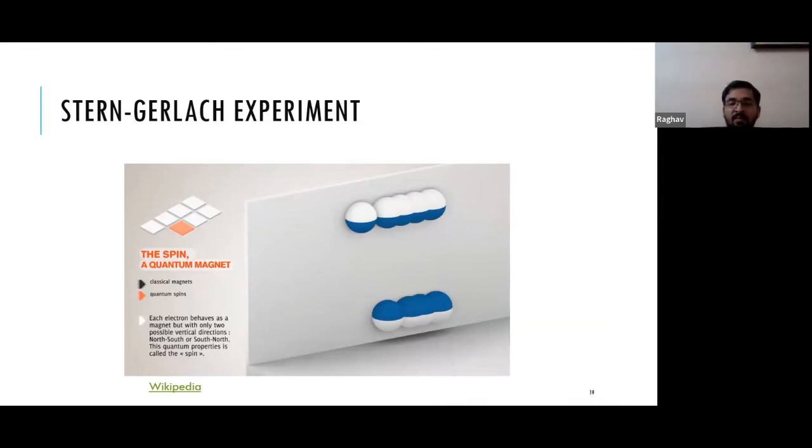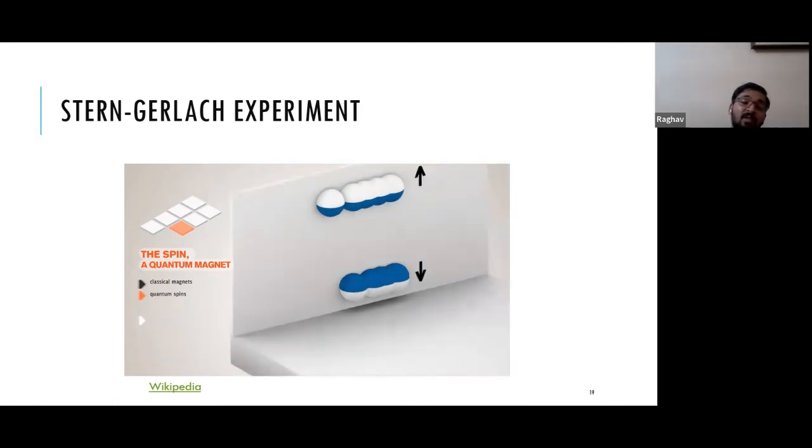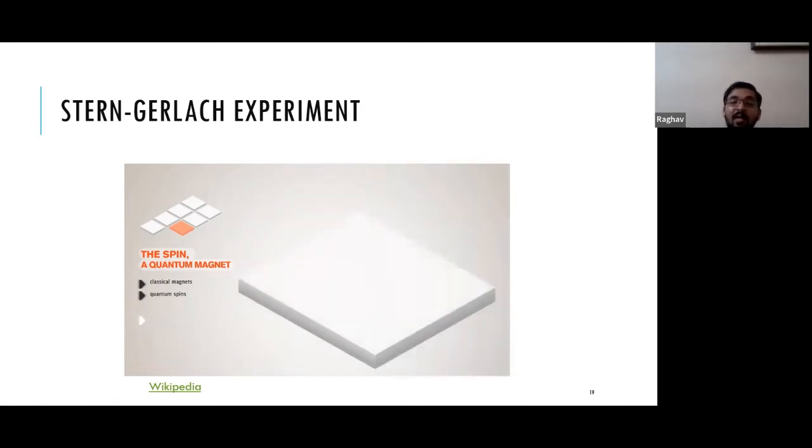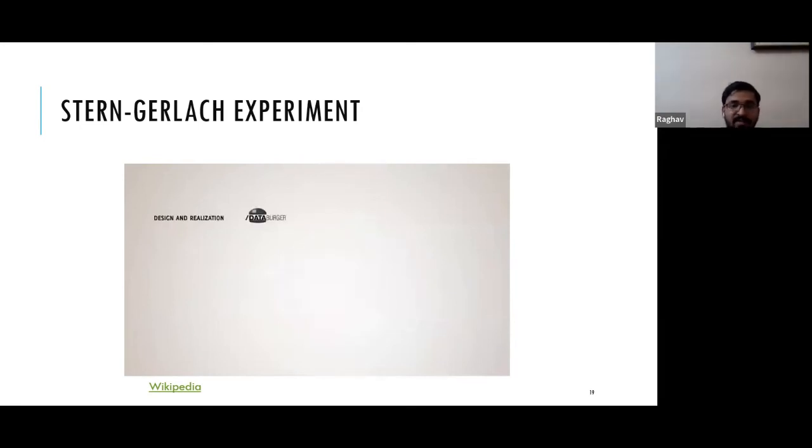We will throw these electrons which are showing the upward magnetic field vector in the same experiment. So what should we get? We should get only upward, but we do not get upward. And if we rotate the magnets to the horizontal axis and we throw them, we should get no reaction, or we should get horizontal, but we will not get that. You will see we get half of them upward, half of them downward, which proposes that the electrons are in a superposition of two states.